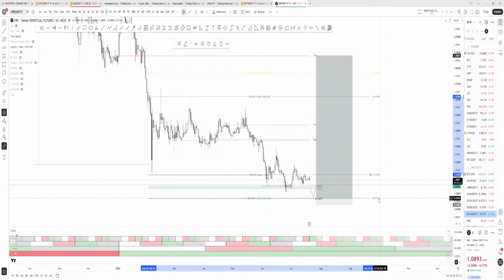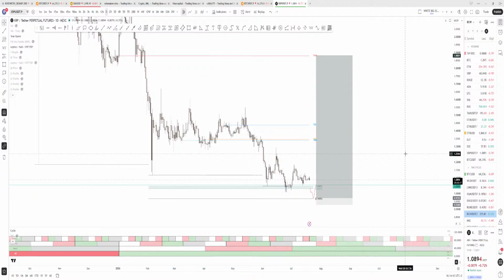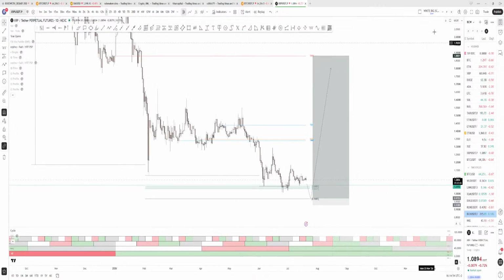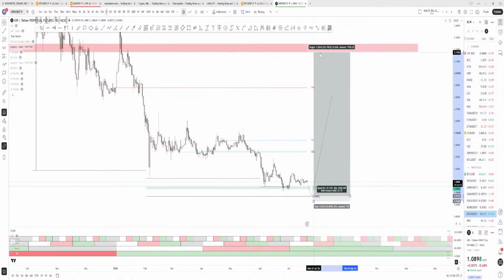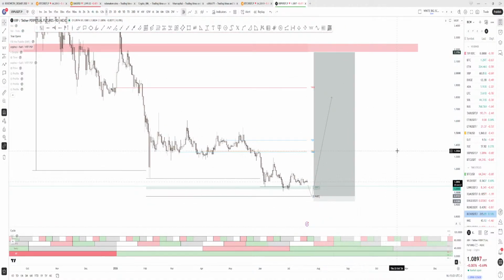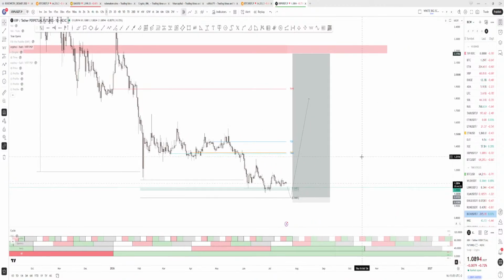Yeah, so they align, so 0.97 is the area where I would be long, and that would be like a giga scalp. I'll also send this chart to the team, I think.